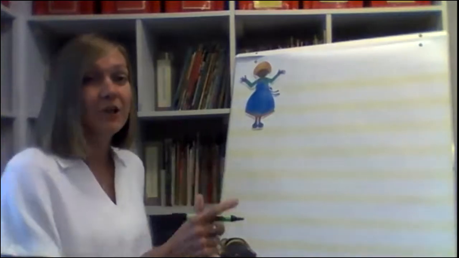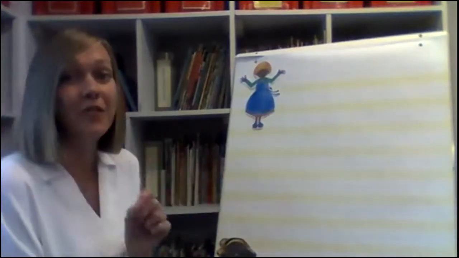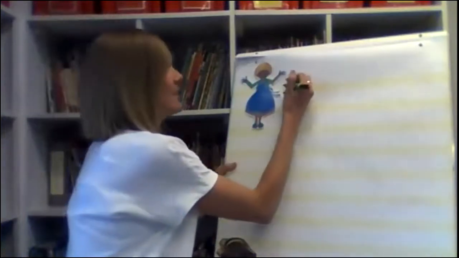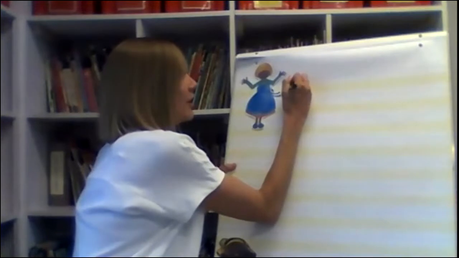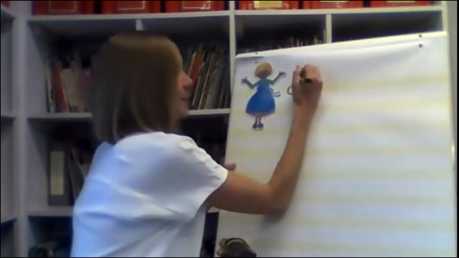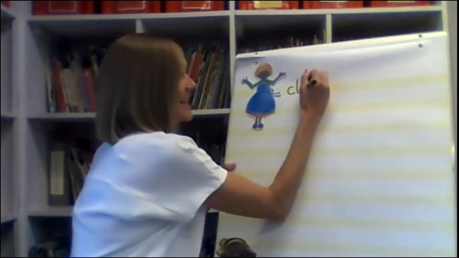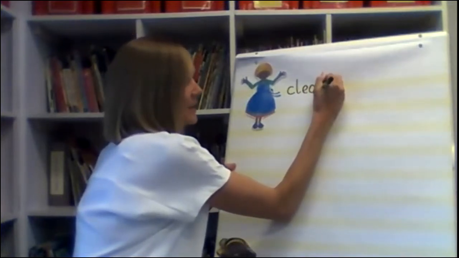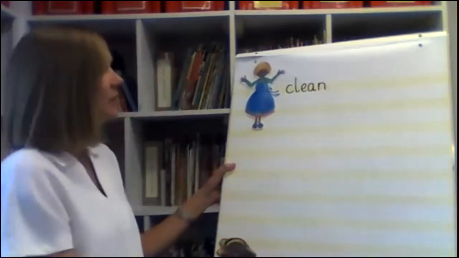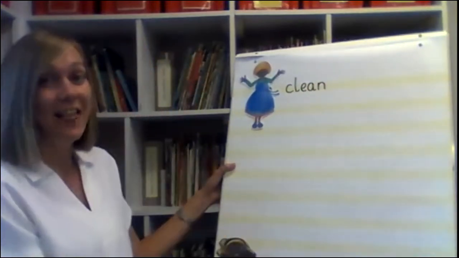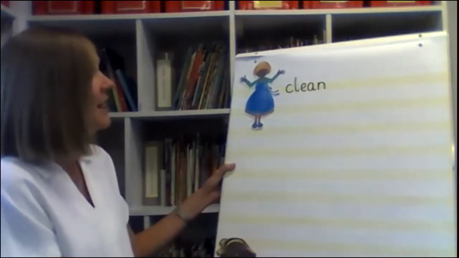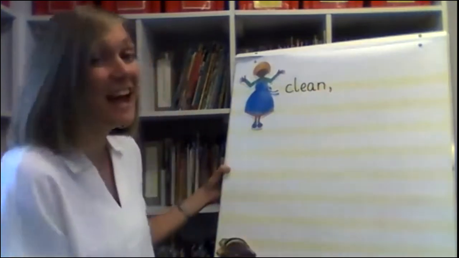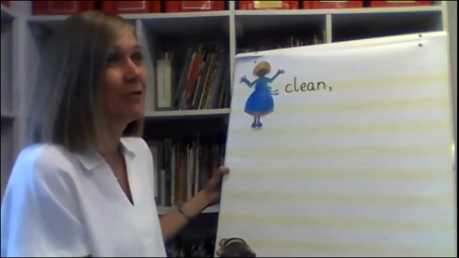Let's see if Miss Close can try and write her first expanded noun phrase. Clean is my first adjective. Now that's a special friend there. That's my first adjective. Now I've got to remember my comma, and then I'm going to have a go at my second adjective.